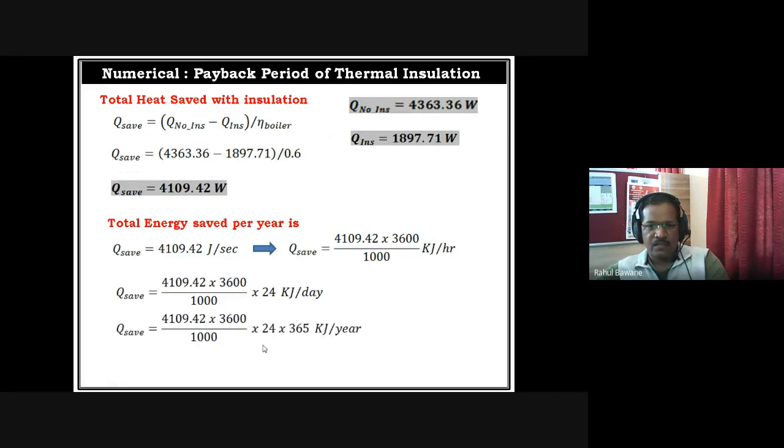And in a year there are 365 days, so if we get the value per day, multiply by 365, so it will give total heat saved in kilojoule per year. So year-wise this much amount of heat will be saved. After calculating we come to know that 1.29 into 10 raised to power 8 kilojoule per year, this much amount of heat is saved.